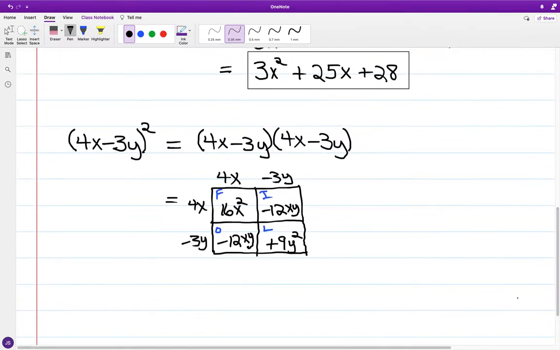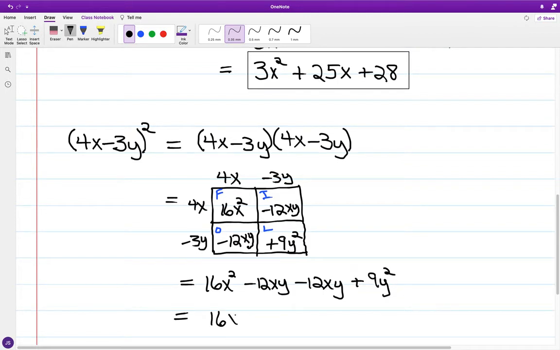And so for the follow-through, you have 16x squared minus 12xy minus 12xy plus 9y squared. In the completion, we have 16x squared, the only second degree term in the letter x. Now minus 12xy and minus 12xy are like terms.